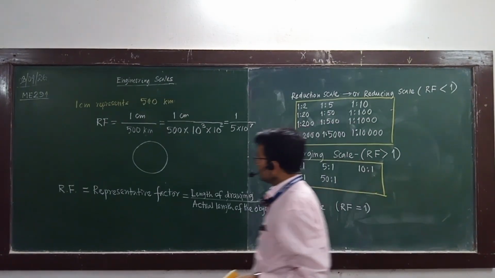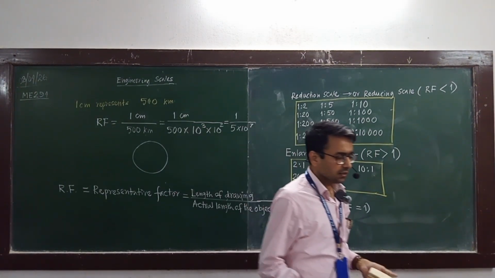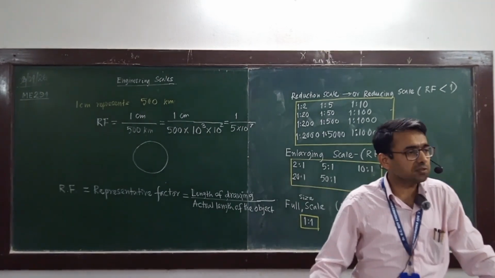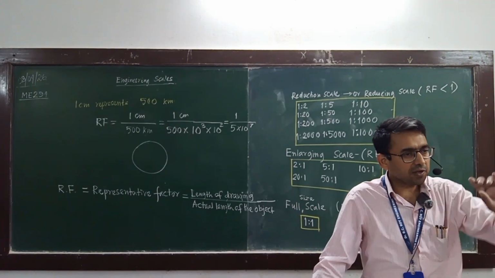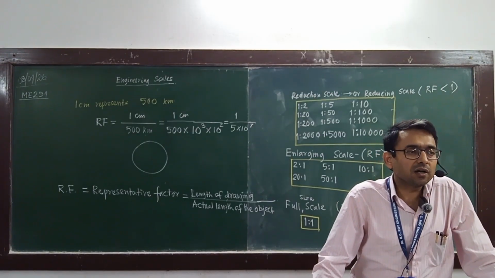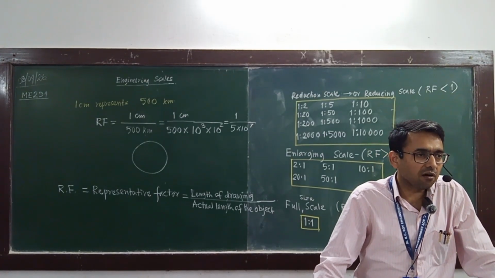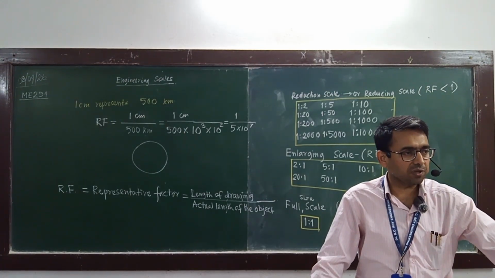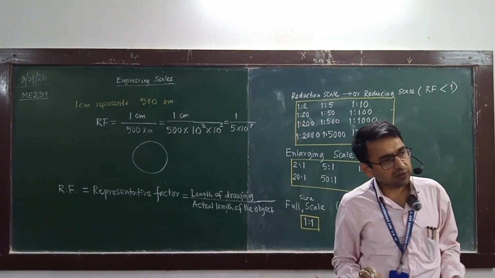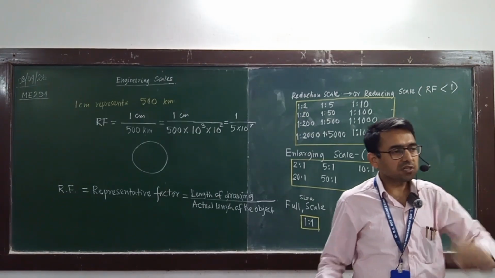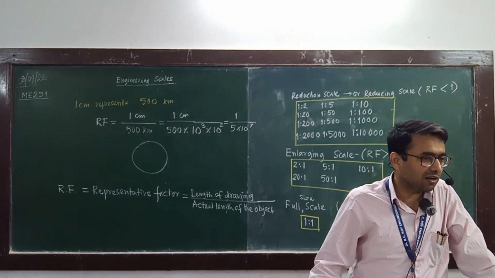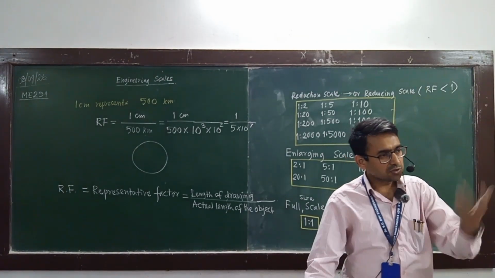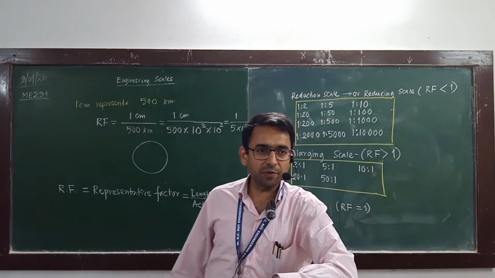So now the thing is that I have drawn it successfully, quickly. If I ask you to draw a circle of radius 10 centimeter, you will measure 10 centimeter from here and simply draw. If I ask you to draw a circle of radius 11 centimeter, you will measure and draw. Whatever I ask, you can immediately draw.